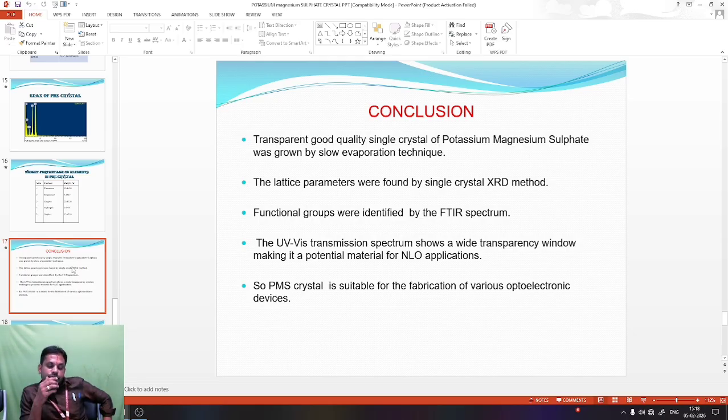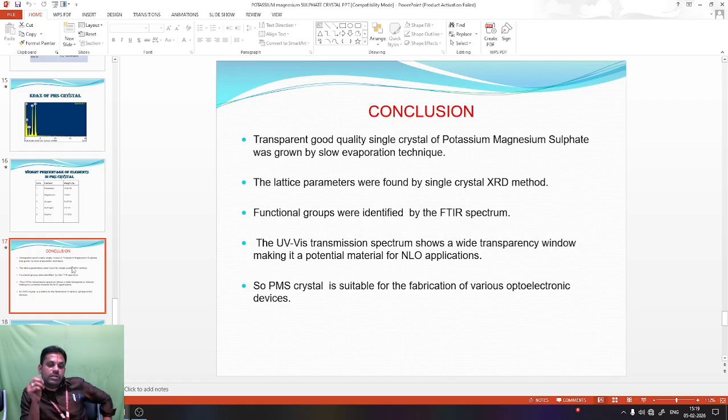The functional groups were identified in the FTIR spectrum, and the UV transmission spectrum shows a wide transparency window, making it a potential material for NLO applications. So the potassium magnesium sulfate crystal is suitable for fabrication of various optoelectronic devices.